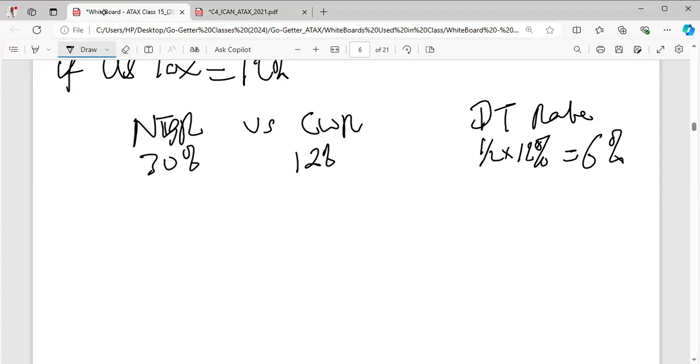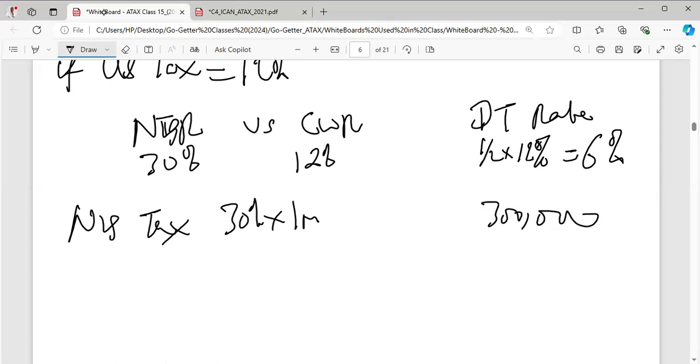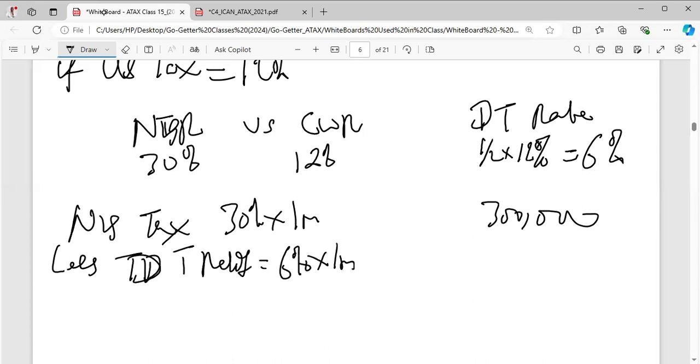Okay, so we have Nigerian tax, which is 30% of 1 million. That gives us 300,000 less DT relief, which is 6% of 1 million, which is 60,000.